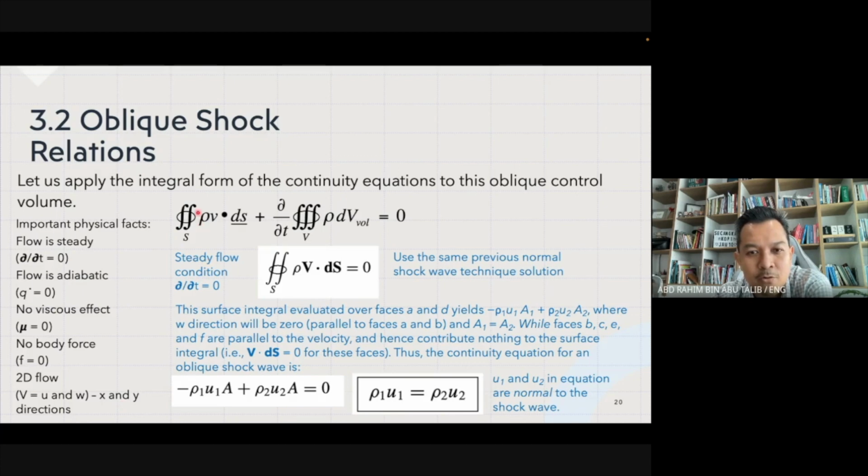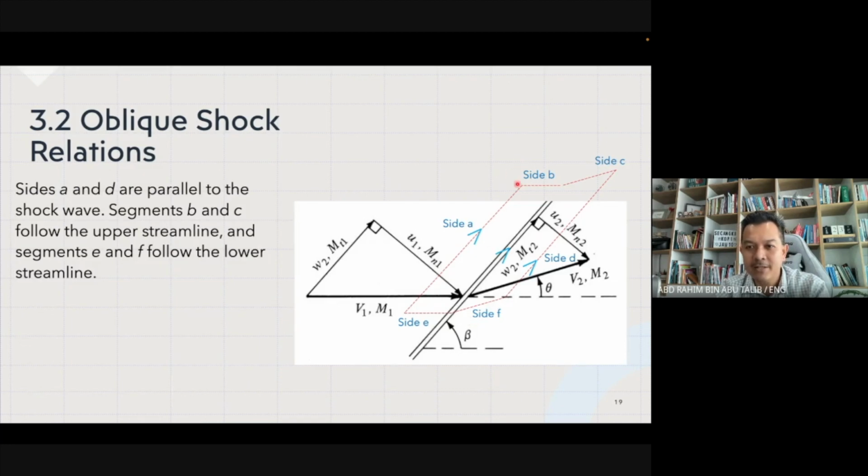All right, so looking at the continuity equation, with steady flow the change with time equals 0. We use the same previous normal shock wave solution technique, where the surface integral is evaluated over faces A and D, this side and this particular side.